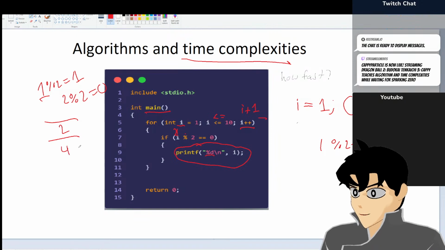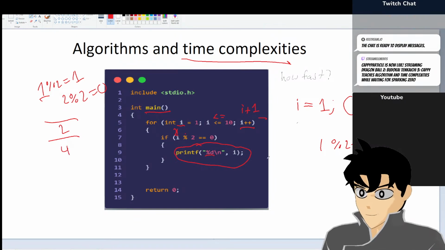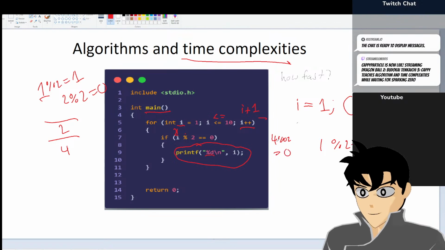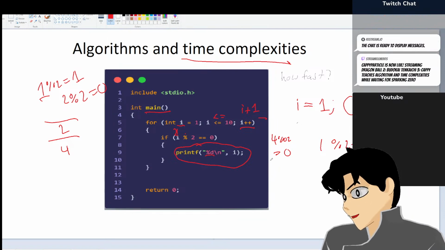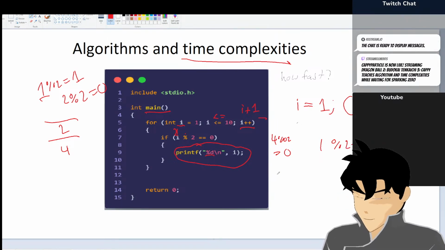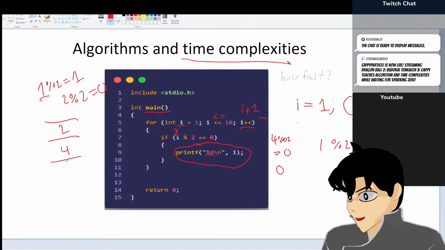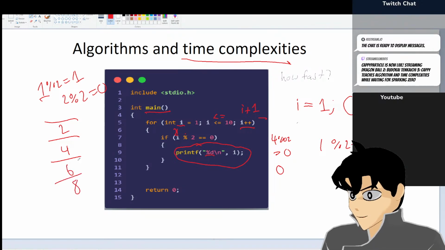And then 4 would be the same thing. 4 modulus 2 equals 0, because it's like repeatedly dividing it. 2 goes into 4 two times, so there are no remainders. And 5 has a remainder, so no. 6, 7, no, 8, no, and then 10.